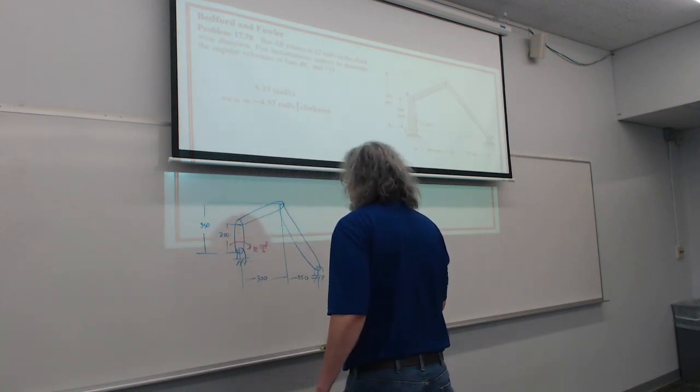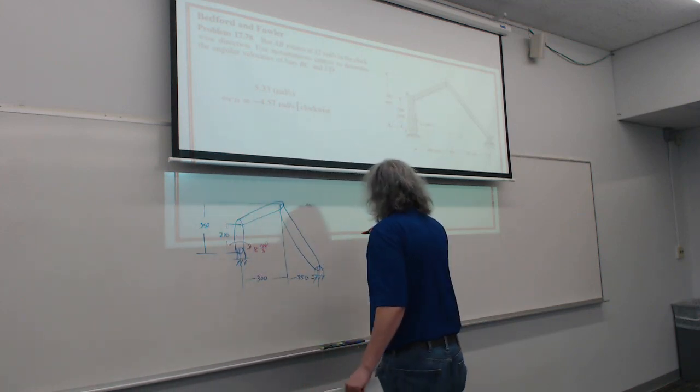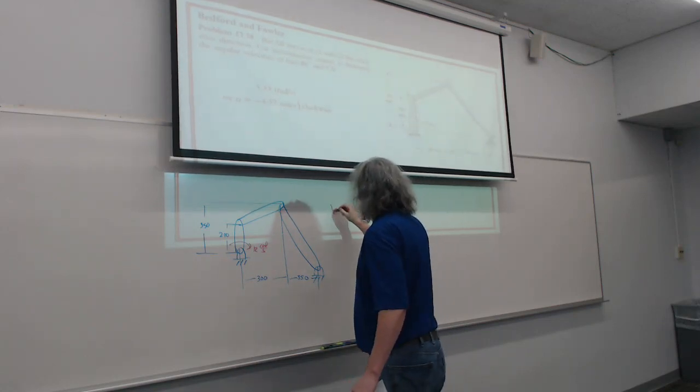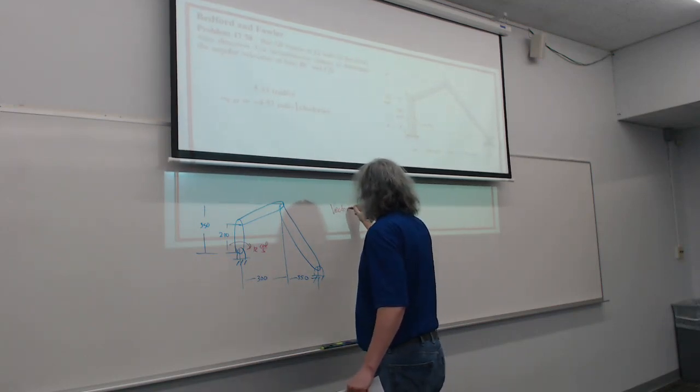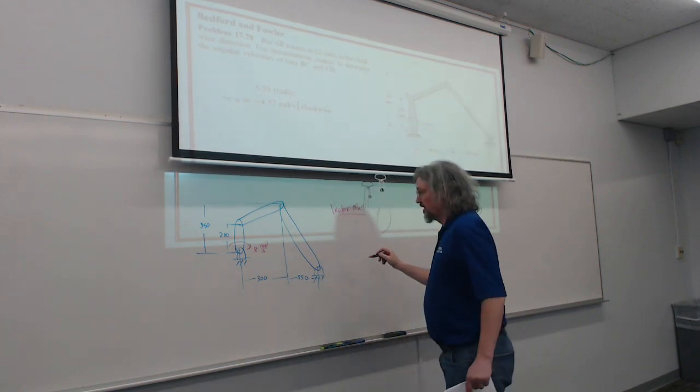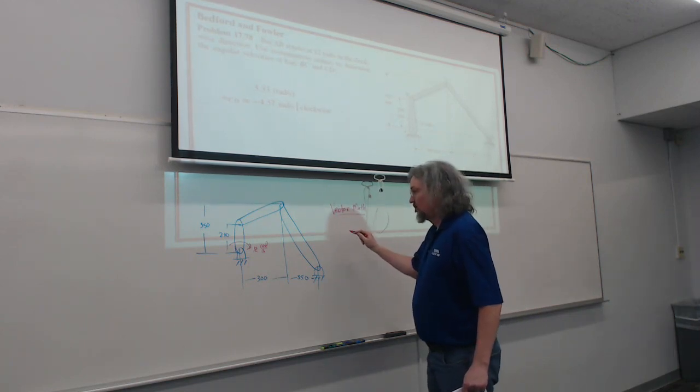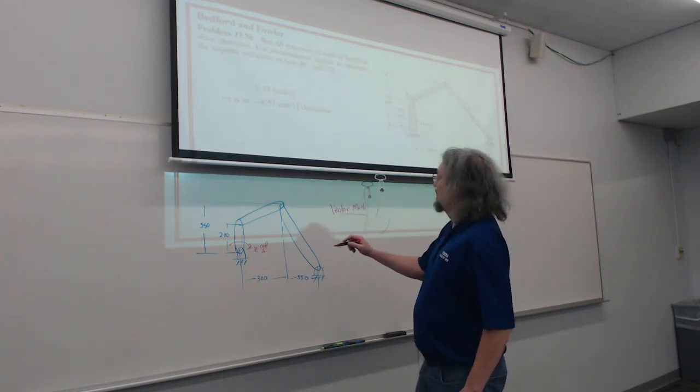So for vector math, I think the best way to start out is to start writing out some of the equations that we're going to need. That's kind of obvious. So what did they label this?